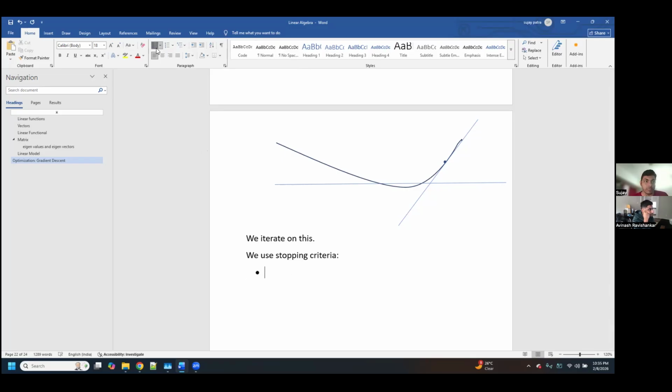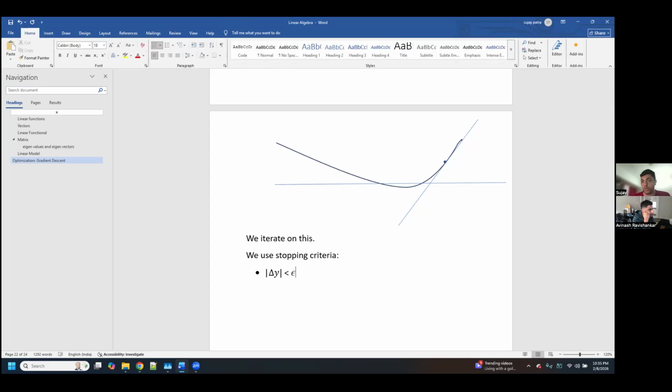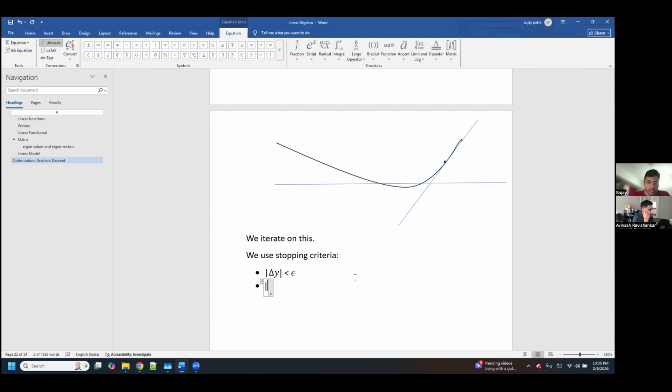We usually do it in both directions. First is delta y, which should be less than some epsilon. So the y value at that point should be less than epsilon. And sometimes the second criterion that people also put is delta x is less than some delta.